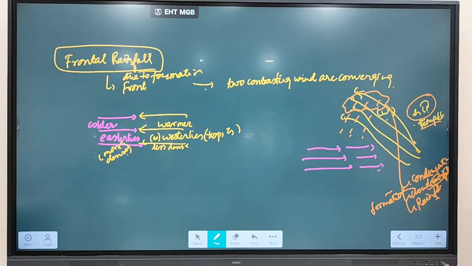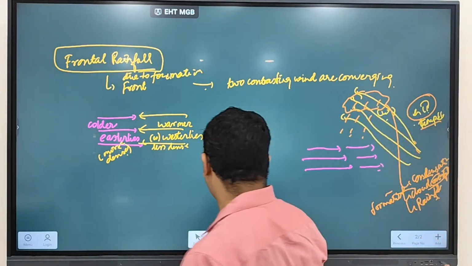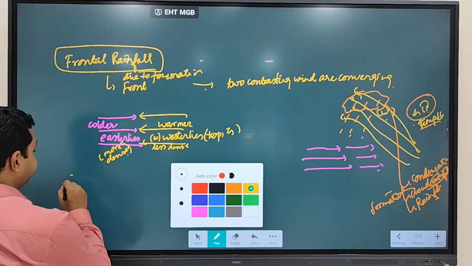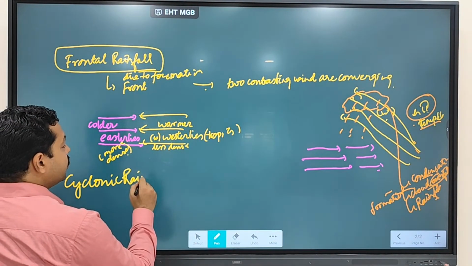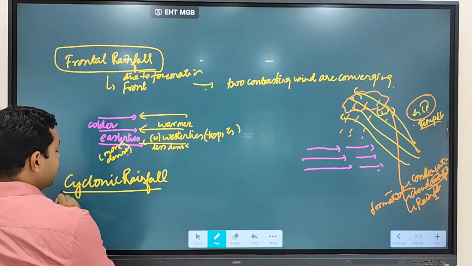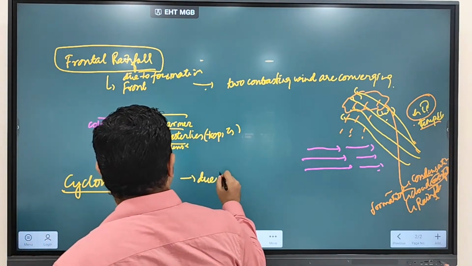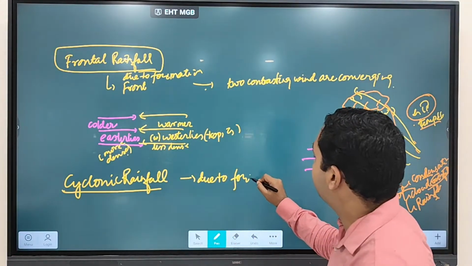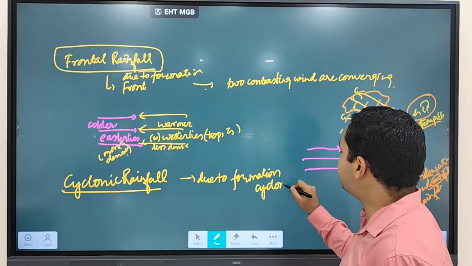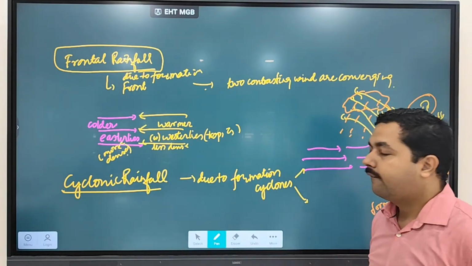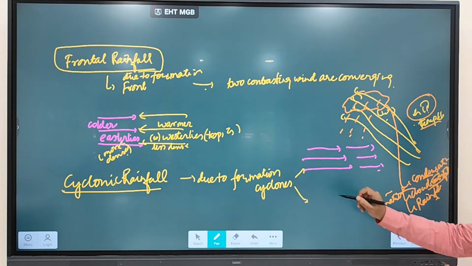Fine. The last type of rainfall is your cyclonic rainfall. Now cyclonic rainfall is occurring due to what? It is occurring due to formation of cyclones. Fine. There can be two types of cyclone.